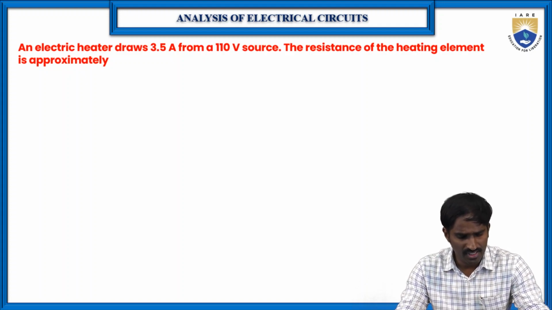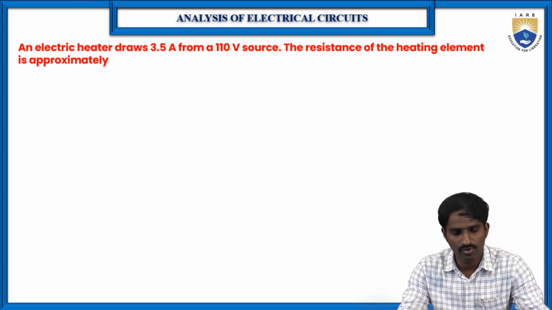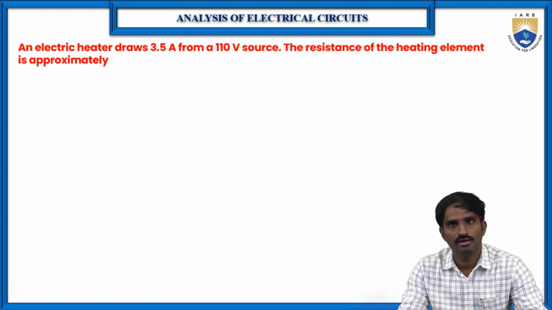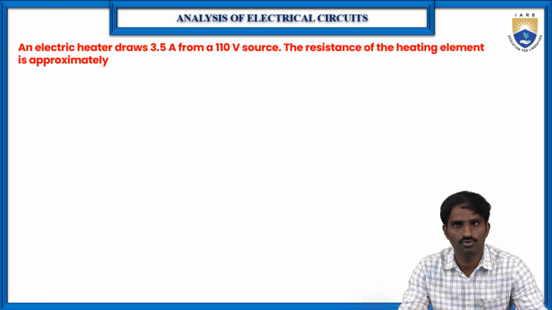Here, an electrical heater draws 3.5 amperes from a 110 volt source. Then the resistance of the heating element is approximately what? So here they are asking us to find, there is an electrical heater drawing a current of 3.5 amperes from a 110 volt source, because as we know the voltage is constant and the current depends on the type of the load.